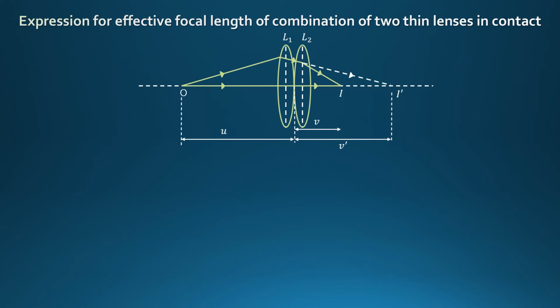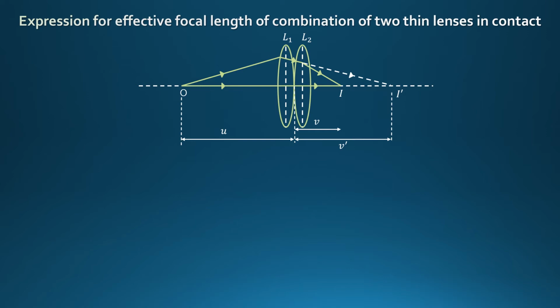An equivalent lens is a single lens which produces the same effect as the combined effect of a combination of lenses. So from the figure, consider two thin convex lenses L1 and L2 of focal lengths f1 and f2 placed in contact.